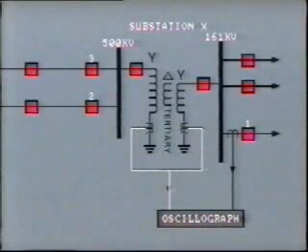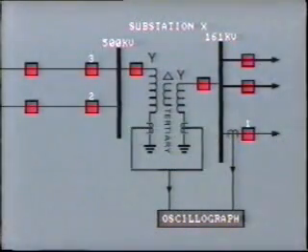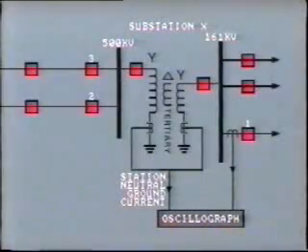The CT secondaries are then connected in parallel so as to monitor the total ground fault current from both the 500 kV and 161 kV systems. The current monitored by this CT arrangement is referred to as the station neutral ground current.